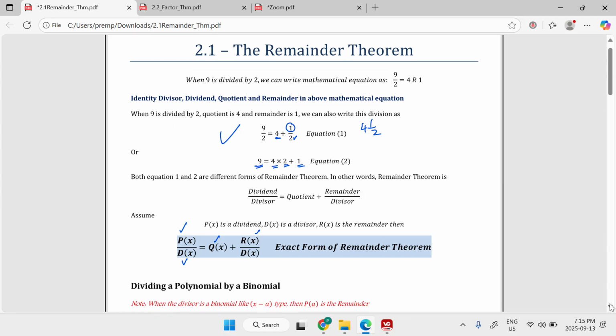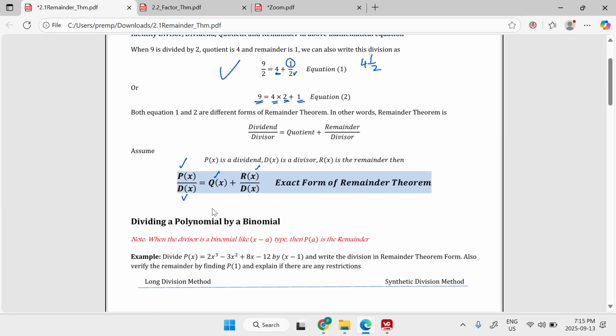Or there is another form that you can use: p(x) equals q(x) times d(x) plus r(x). Same thing.